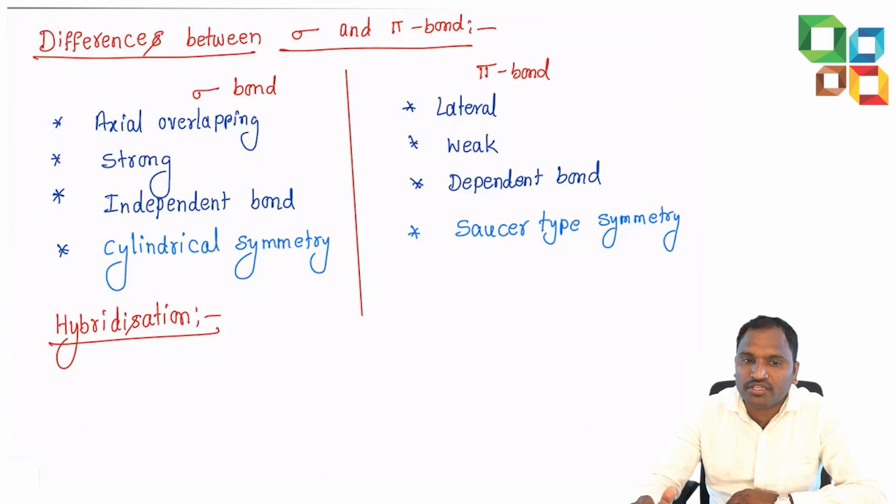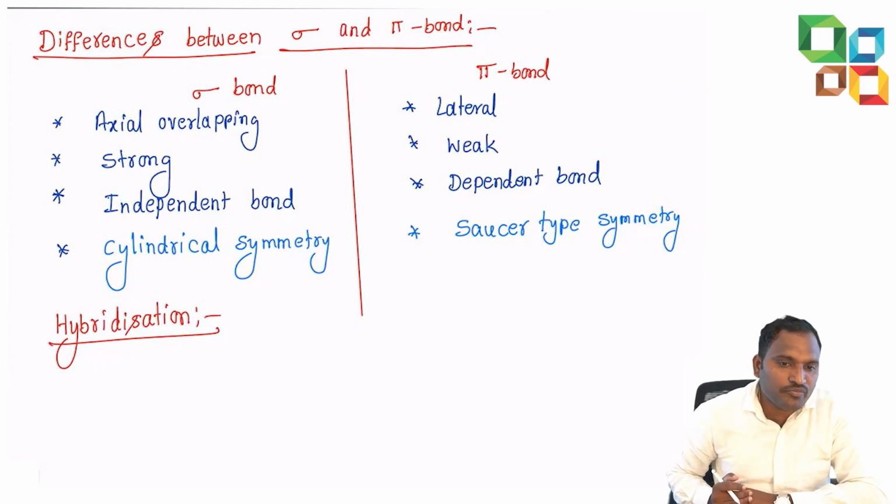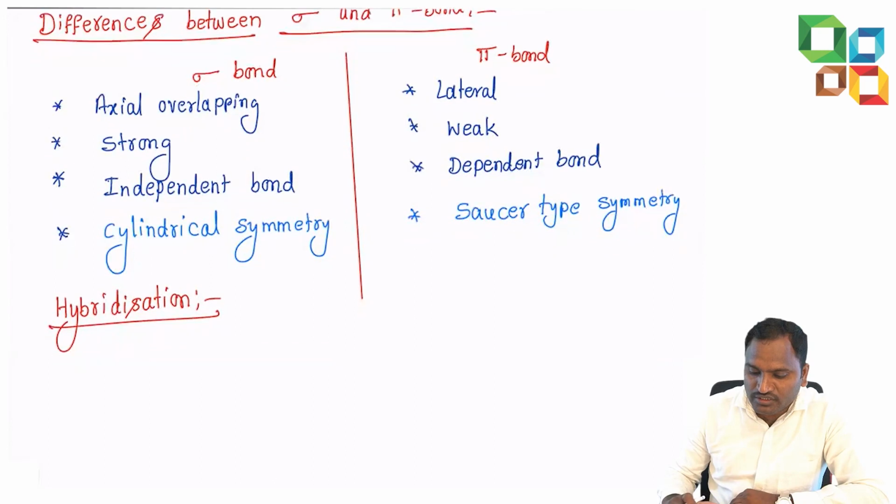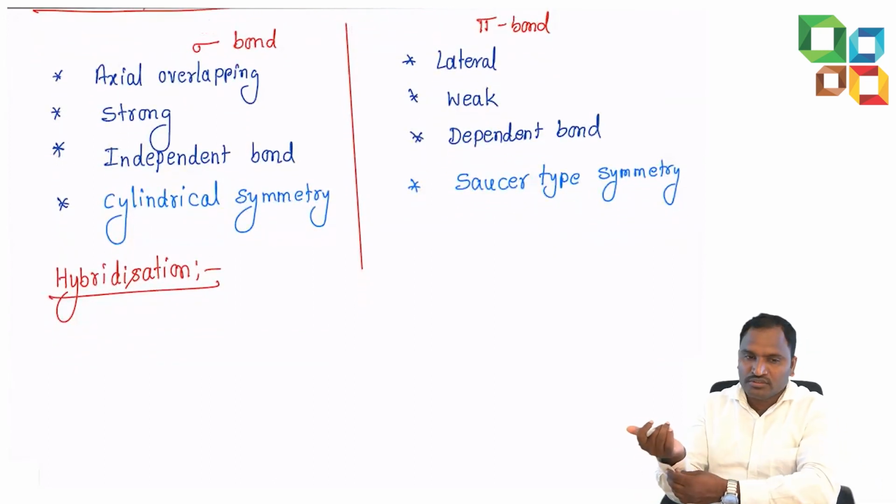In hybridization, the central atom makes all the bonds equally strong by redistributing their energies. So we'll discuss how it happens.